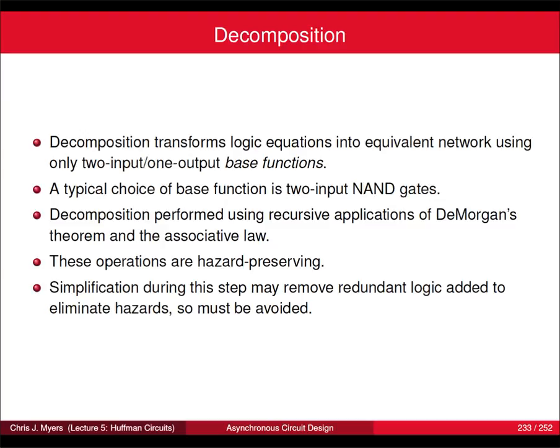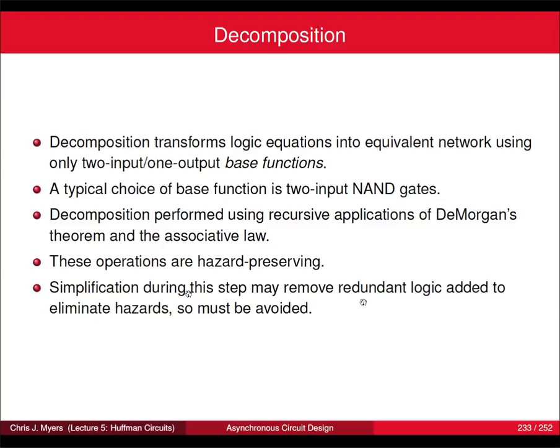So you take your logic and you break it down into only 2-input NAND gates, for example. Decomposition performs recursive applications of De Morgan's theorem and the associative law. And as I explained earlier, those are both hazard-preserving transformations. So as long as you don't simplify any redundant logic as you're doing this, then you are going to have the hazard-free properties that you had before.